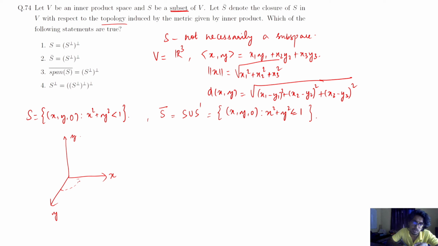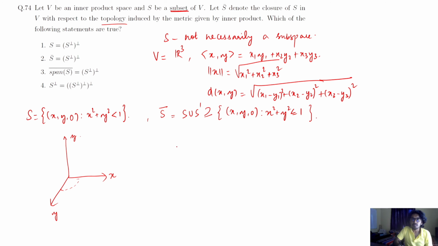The neighborhoods will be of sphere form. Actually, the closure will have something more than this too. This is not exactly the closure, but the closure contains this.